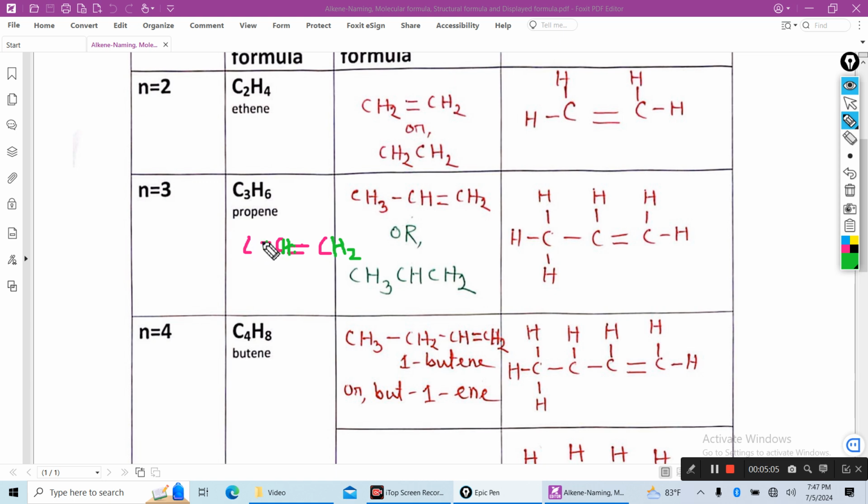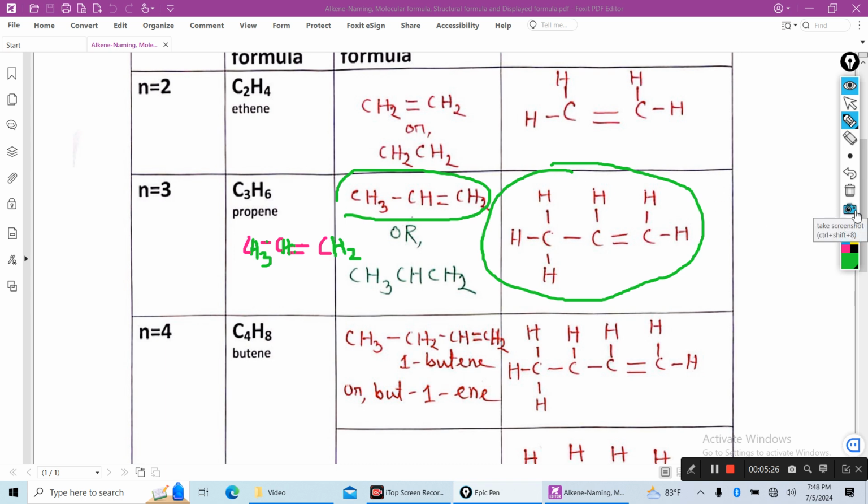The left hand carbon has only one bond, so 3 hydrogen needed. So CH3, CH, double bond CH2. This is the structural formula of propene, and this is the displayed formula of propene.